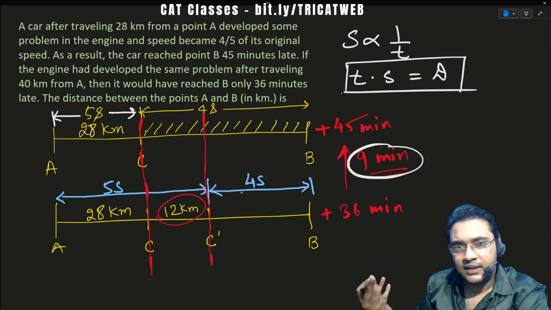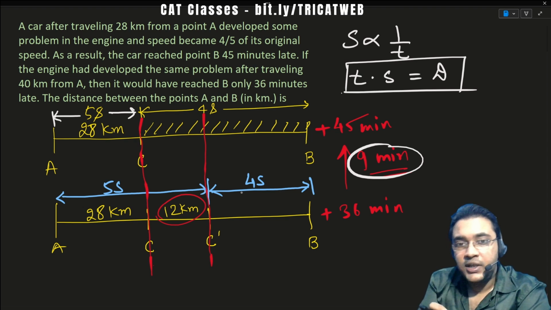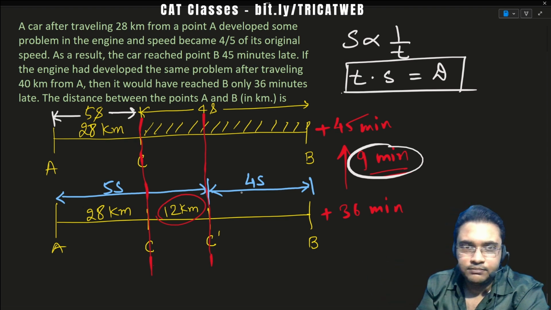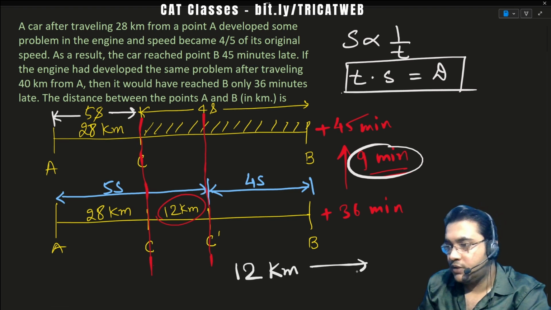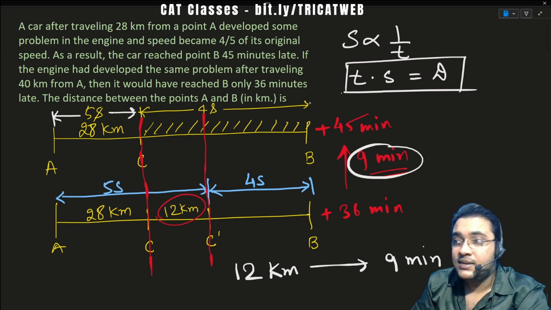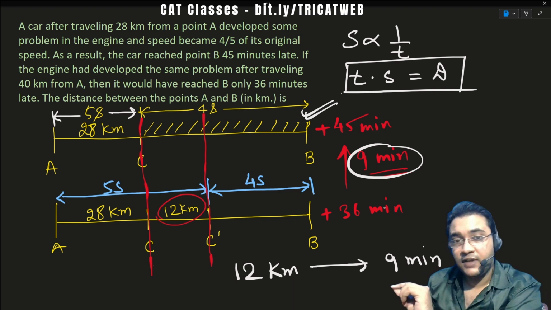And why does this saving happen? Because I have traveled 12 kilometers at my usual speed. So the logical way says that if I travel 12 kilometers at my usual speed, I am able to save 9 minutes. So what distance should I travel at my usual speed for the first one to save 45 minutes?